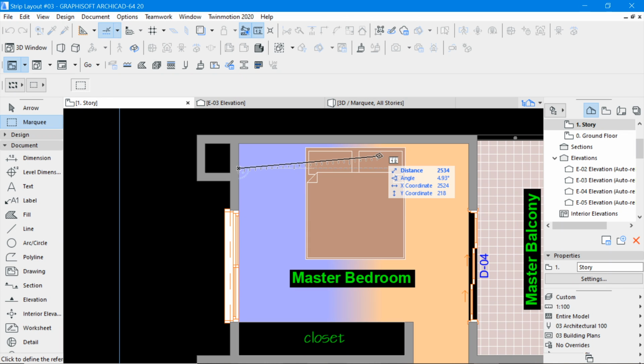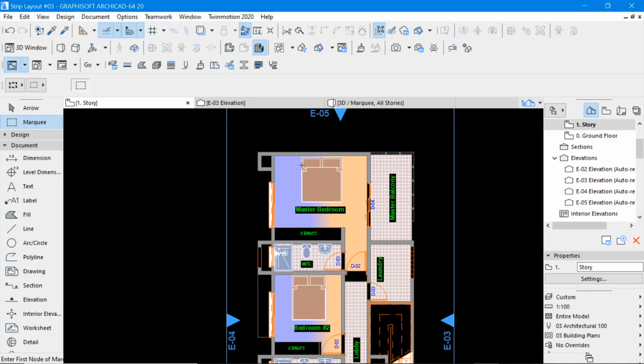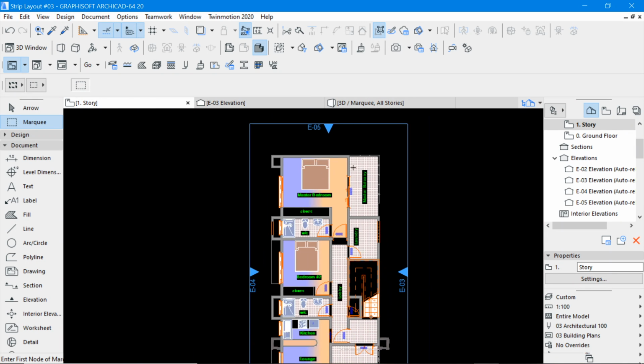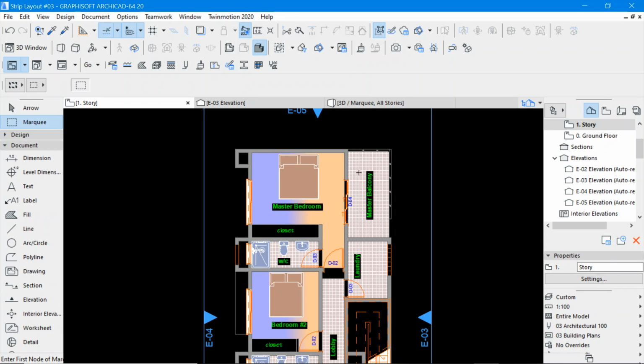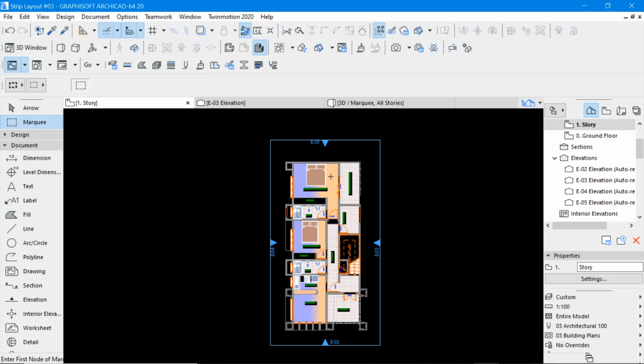That's a very huge bedroom as far as an apartment is concerned. Moreover, with a balcony and all these other amenities accordingly.